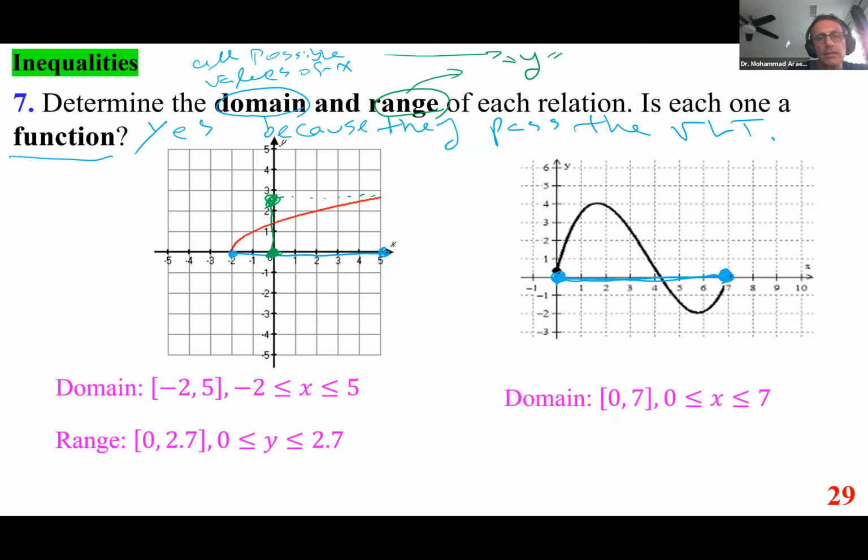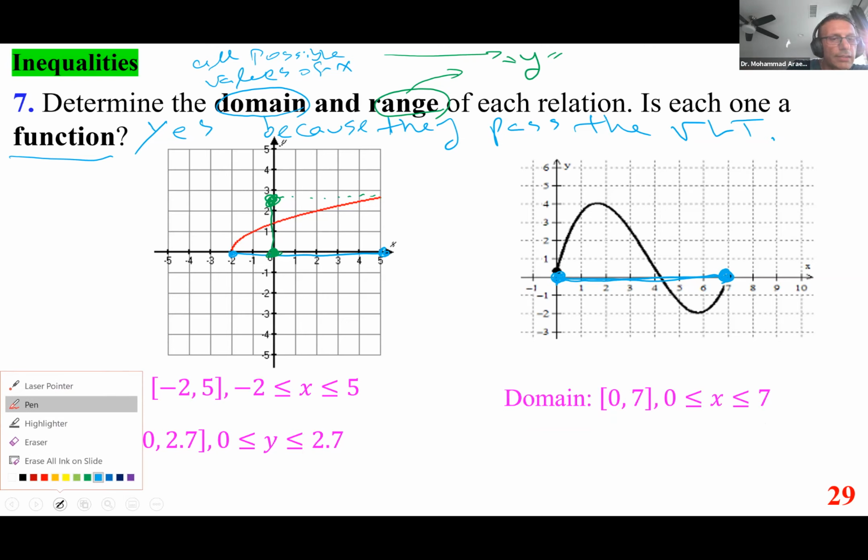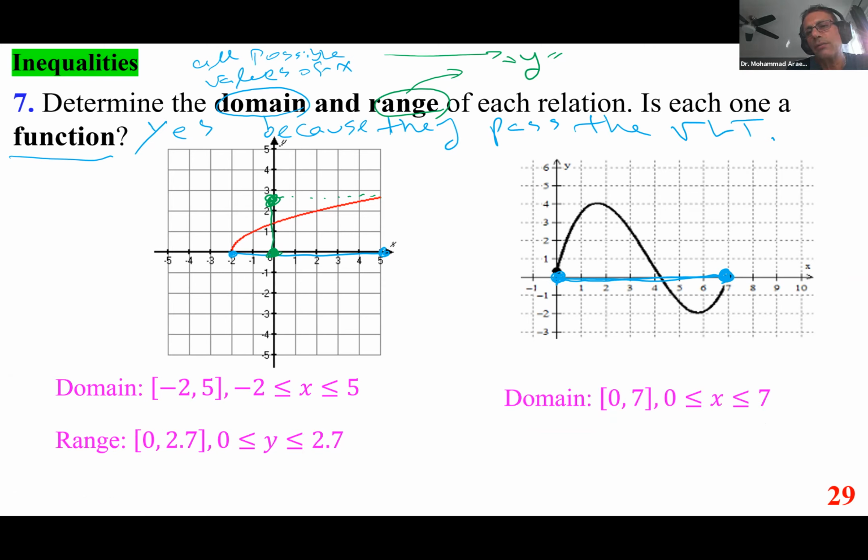If you lay it along the y-axis, it would cover anywhere from here to here. This would be the range.